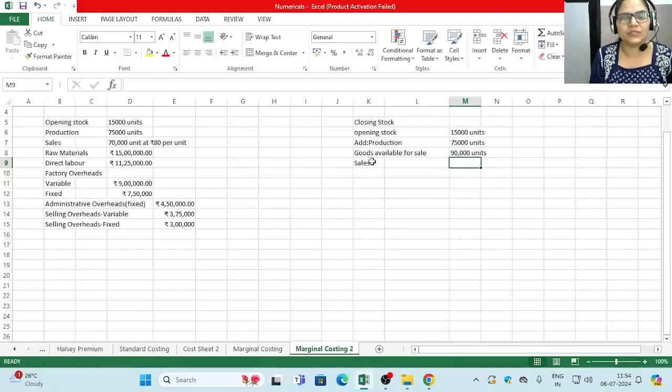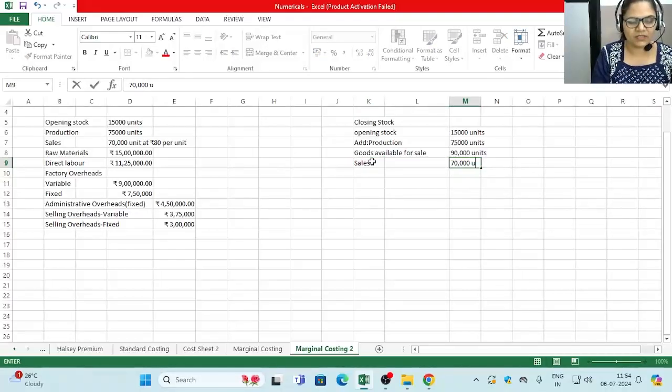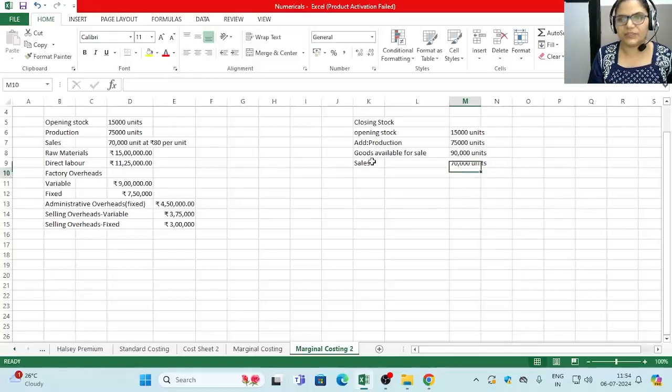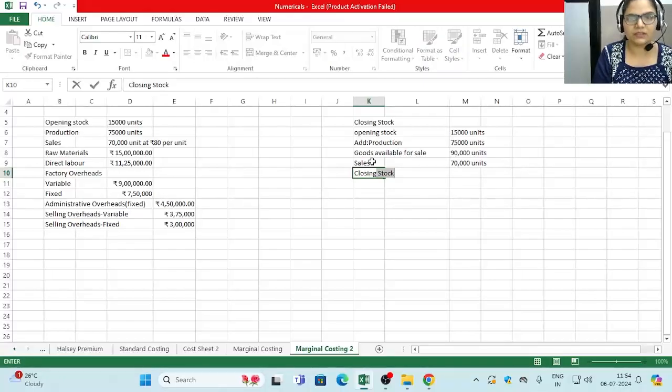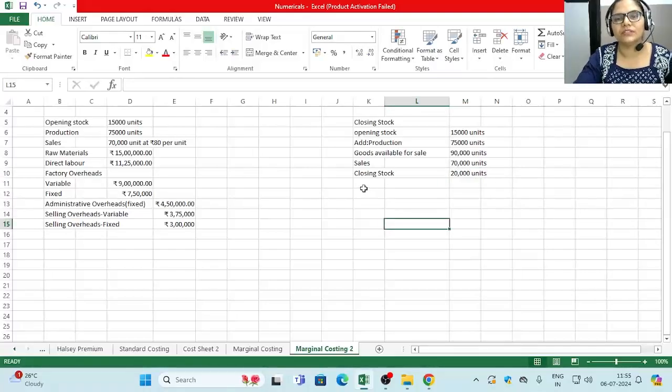And out of 90,000, we have actually sold 70,000 units, which has been given in the question. Now, this is our closing stock, which is 20,000 units.